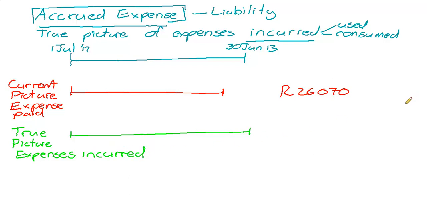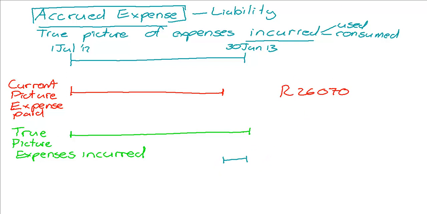The difference between the true picture and the current picture is going to be my adjustment. My adjustment is going to be this last month that we have not yet paid. We've used the water and electricity, but we've not yet paid that.